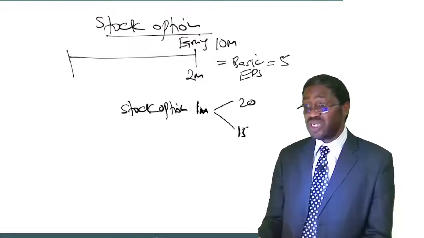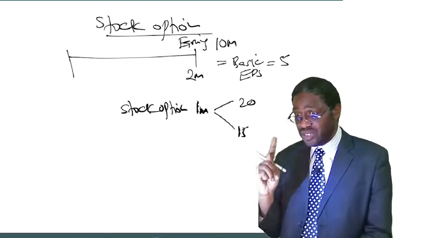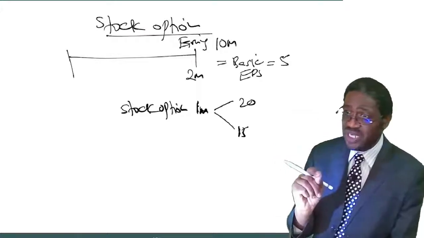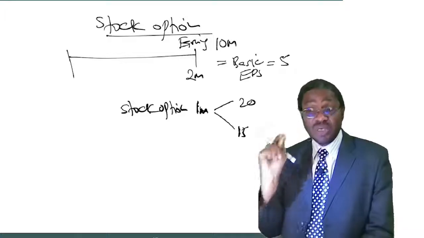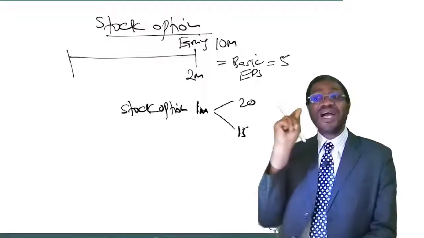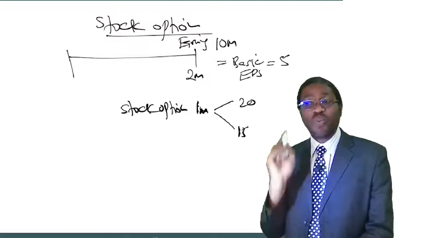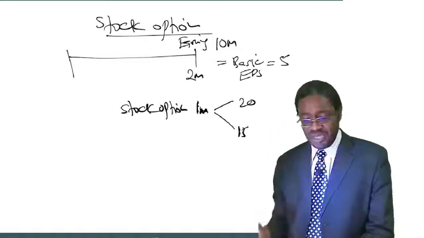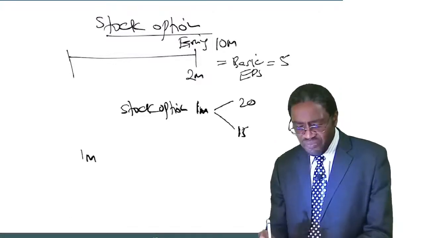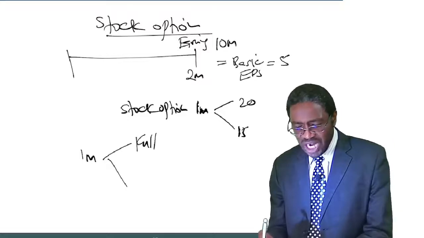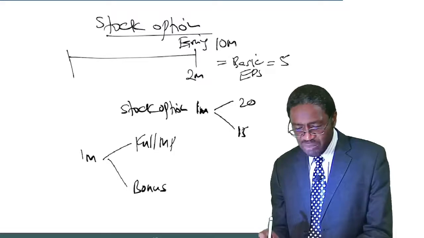You remember we said when shares are issued on the exercise of a stock option, some of those shares are deemed to be issued at full market price, and some are deemed to be issued as bonus shares. So when we were dealing with the basic EPS, we were separating that 1 million: how many of them are deemed to be issued at full market price, and how many as bonus shares?